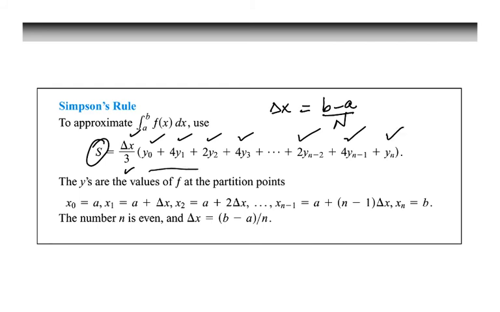So you have this pattern that goes throughout the interval, and you always end up with one of the y values at each end, and 4y1 and 4y sub n minus 1, and then you alternate 2 and 4 in between.